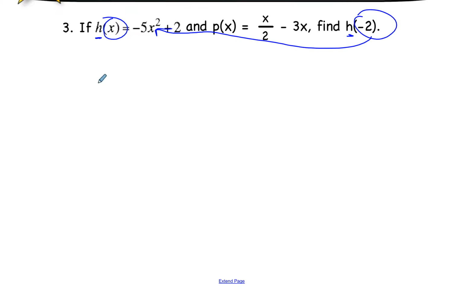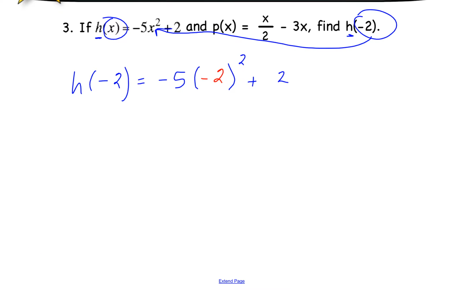So here we go. We're going to say h of negative 2 is equal to 5 times, we're going to have whatever x's value is squared, and then we're going to add 2 to that. Well, what value are we going to plug in? We want negative 2 instead of x.